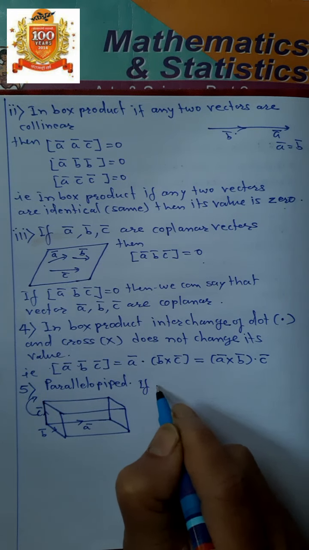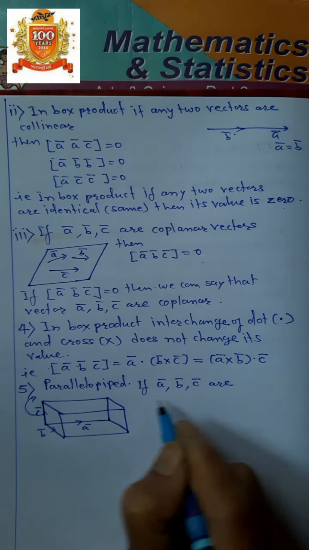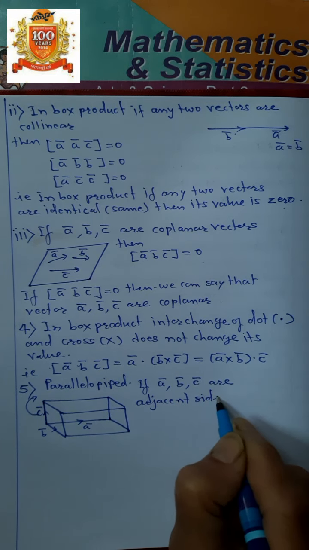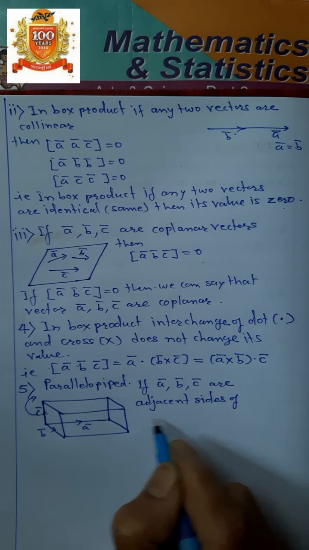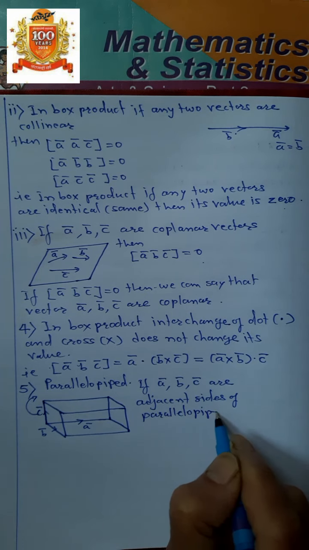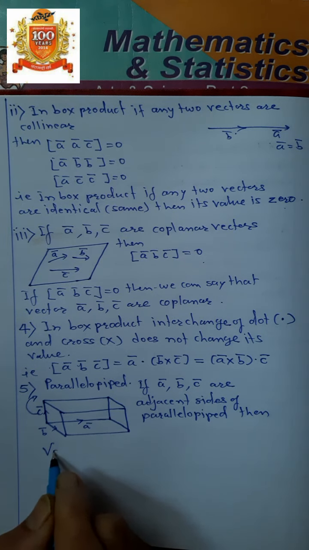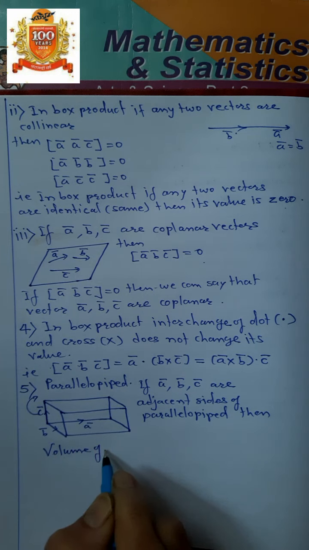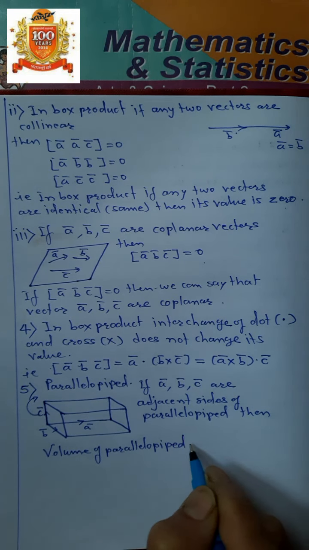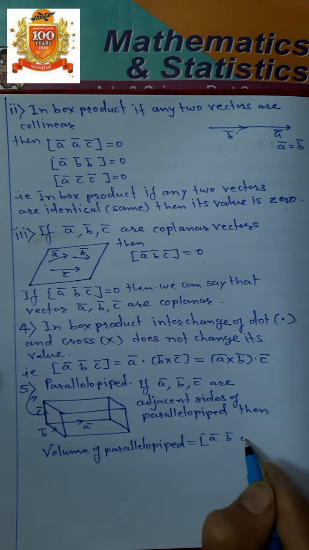If A bar, B bar, C bar are adjacent sides of parallelepiped, then volume of parallelepiped is given as box product of A bar, B bar, C bar.